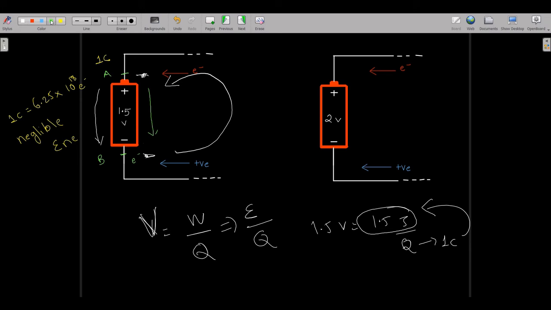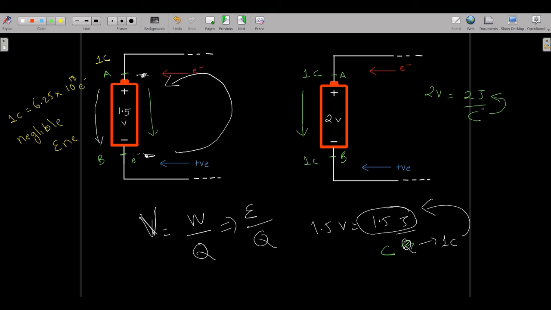Now just see in this scenario, again I am considering point A and this as point B. So what does that mean? 2 volts means 2 joules per coulomb. So to move 1 coulomb of charge from point A to point B, the charge is gaining 2 joules of energy.